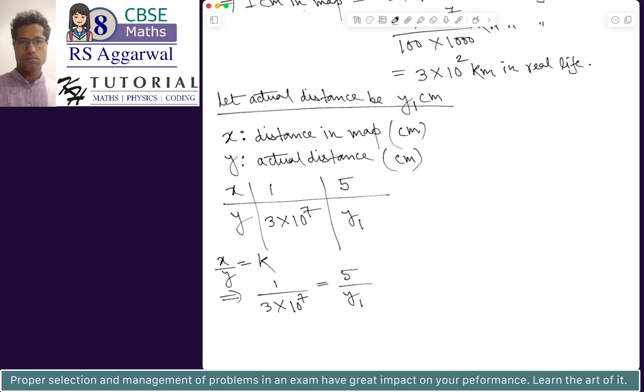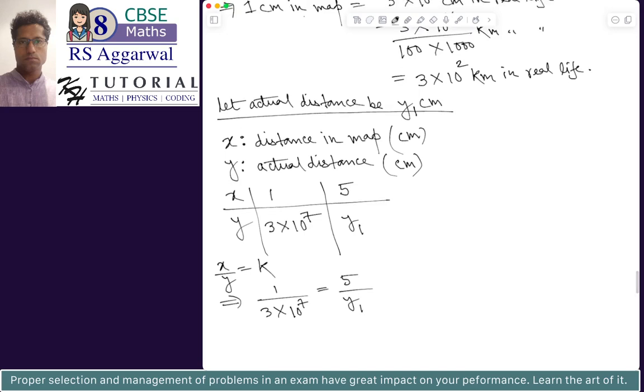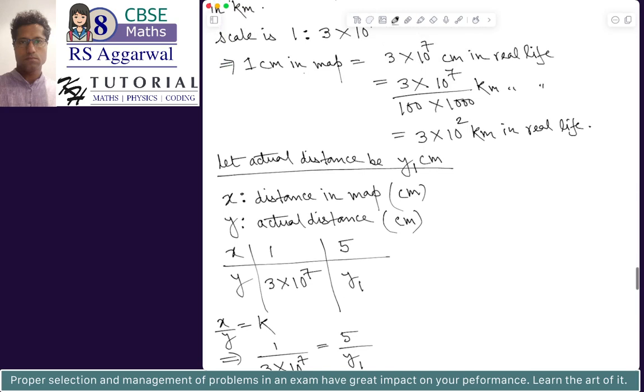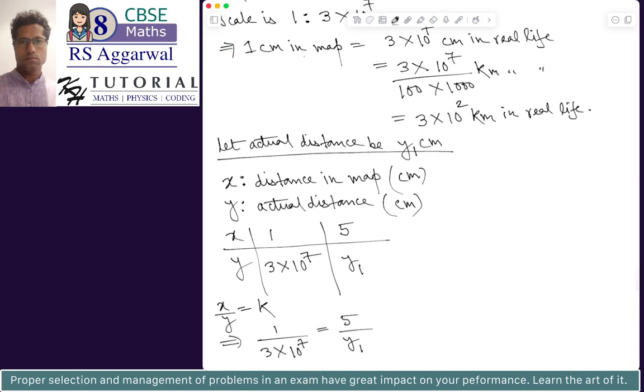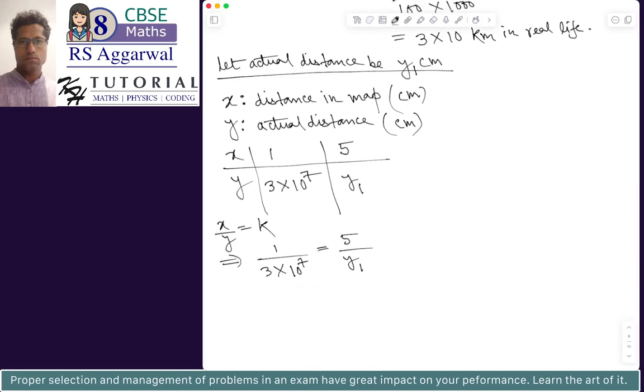Now it is very important that we have assumed both the quantities x and y to be distances in centimeter. Okay, so from here we can solve: y1 is equal to 5 multiplied by 3 multiplied by 10 to the power 7 centimeter.